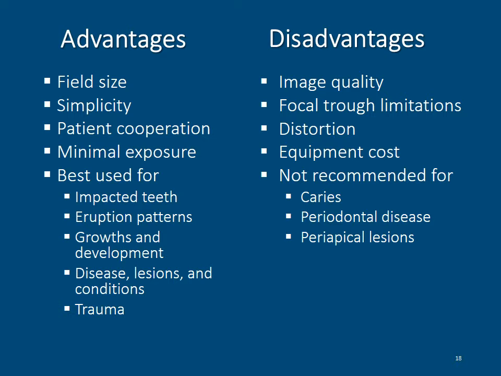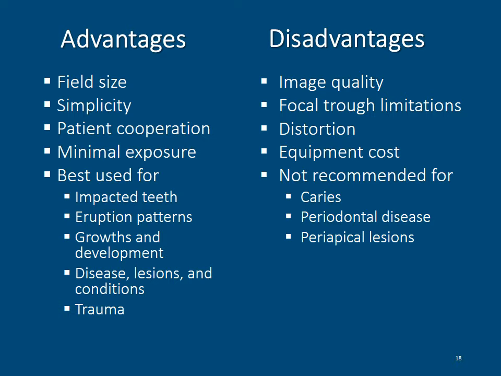There are also disadvantages. The image quality is not as clear as with periapicals, and the focal trough, which is determined by the size of the patient, is very limited to just 4 selections of sizes or even a few more depending on how good the machine is. There are areas of distortion which will appear as ghost images, and we'll talk about that a little bit more. The cost of the equipment is extremely expensive.